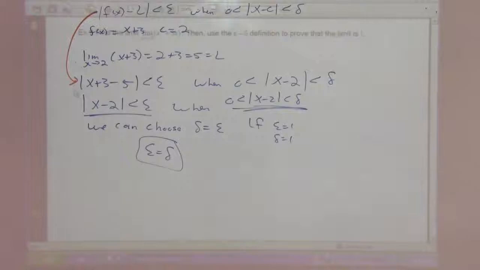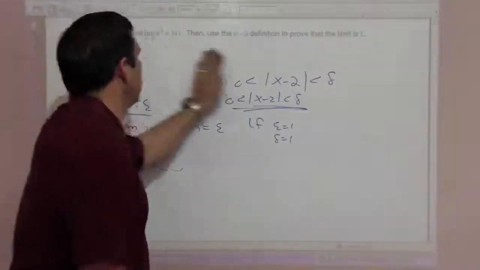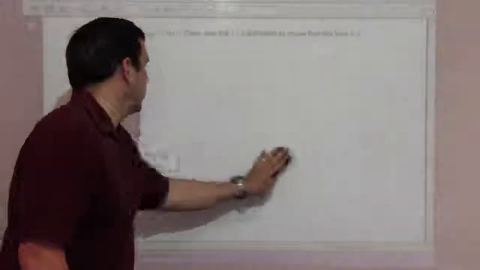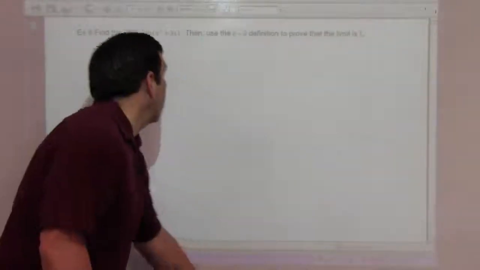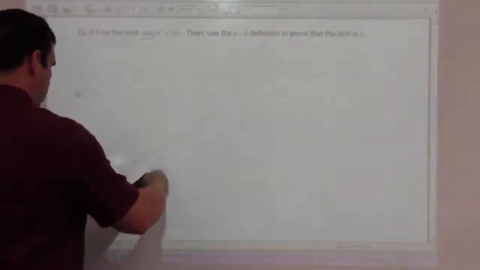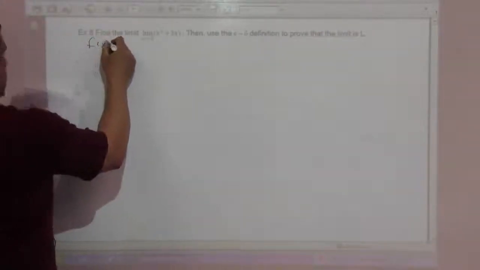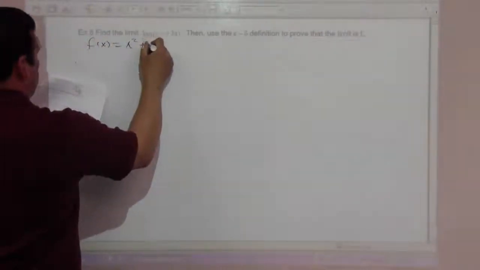Okay, example 8. So let's find the limit as x approaches negative 3 of x squared plus 3x, then use epsilon delta to prove that the limit is L. So our f of x, in this case, is x squared plus 3x.